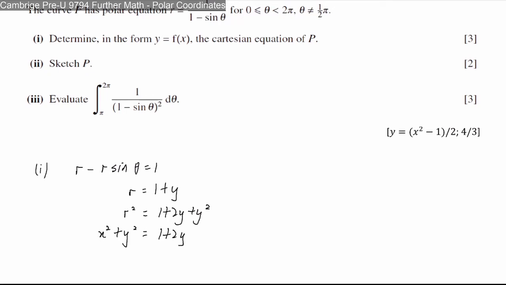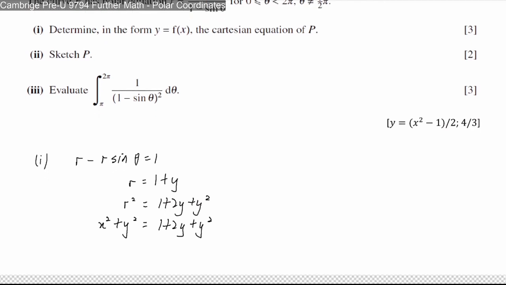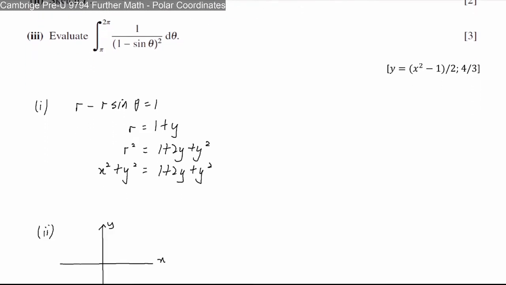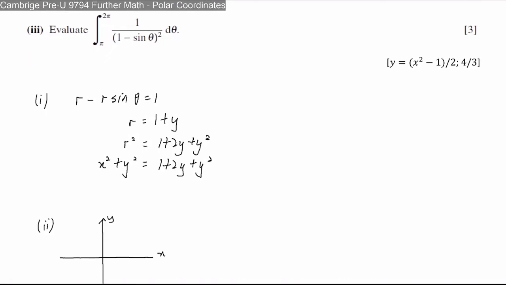After that we eliminate the y squared and rearrange the equation a little bit. Surprisingly, what we get is a quadratic curve. That would be the Cartesian equation of this P, which was represented in polar form in the beginning.